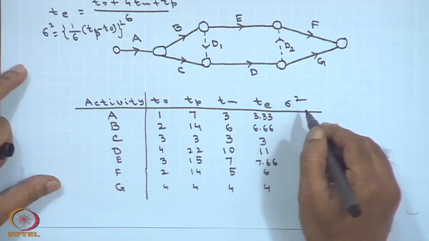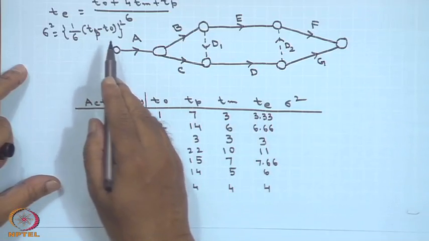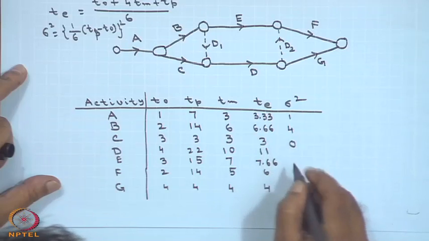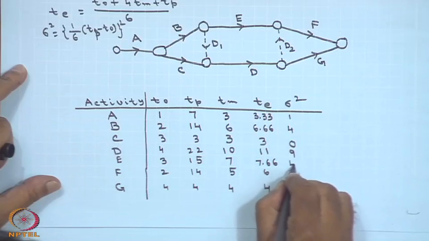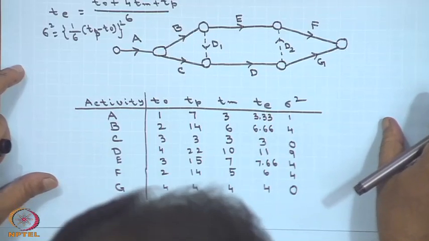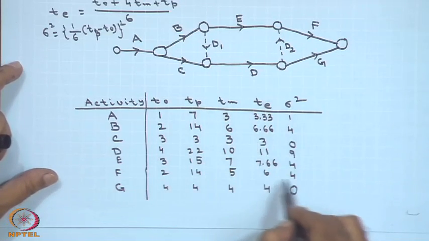In the same way, sigma square you can calculate as 1 by 6 into (Tp minus To) whole square. So this will become 1, 4, 9, 0, 4, 4 and 0.